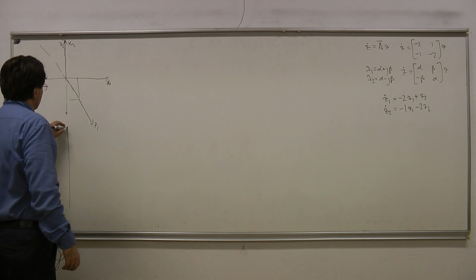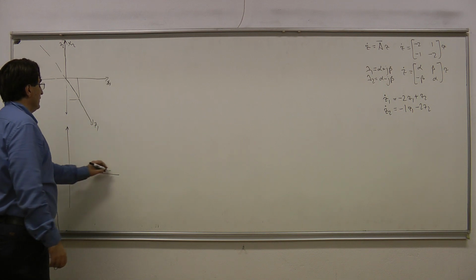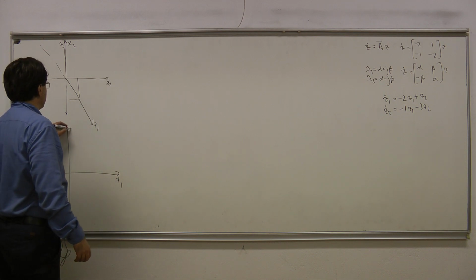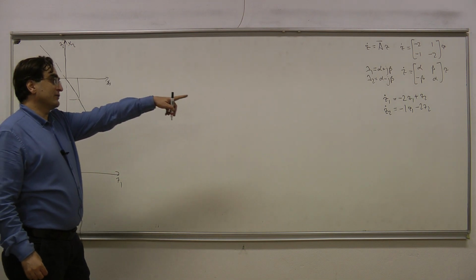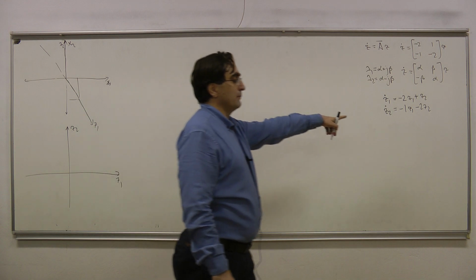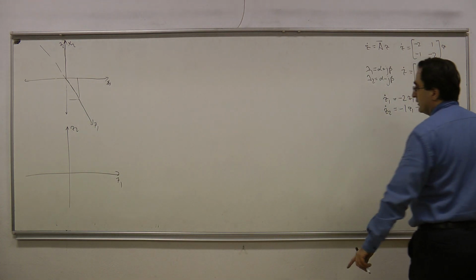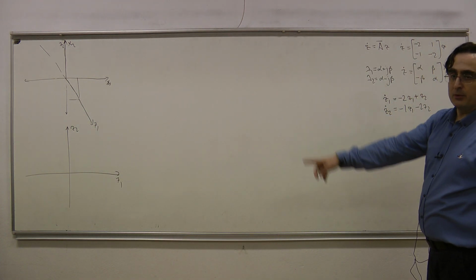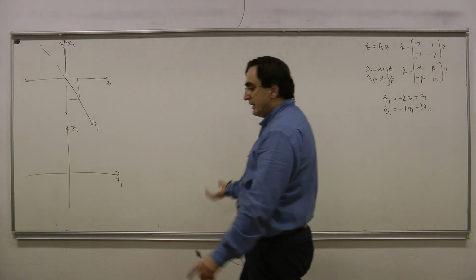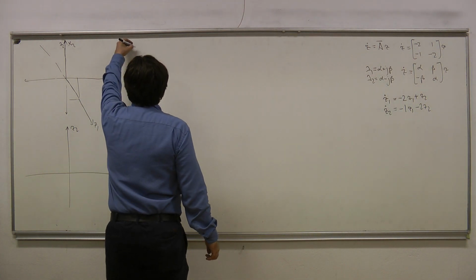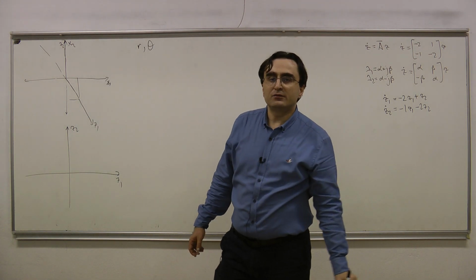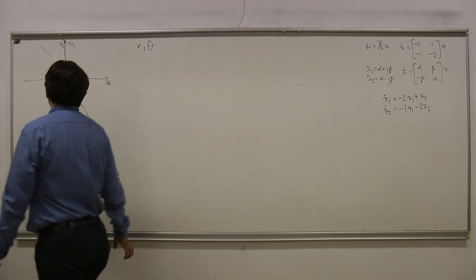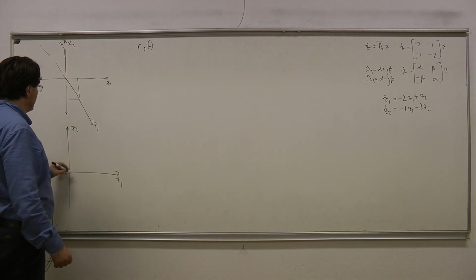So now I'm going to try to visualize the motion of the system in the Z1, Z2 plane. But still, I told you that since those equations are not decoupled, it is difficult to make that visualization in that plane either. So here is what I'm going to do. I'm going to go into the new variables r and theta, which is nothing but the polar coordinates in the z plane.